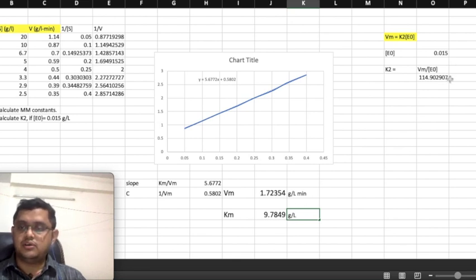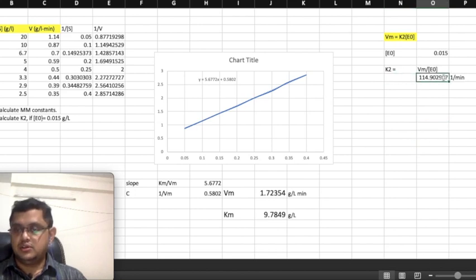What is the unit of K2? We need to calculate that based on the division. Vm unit is gram per liter minute, whereas E0 unit is gram per liter. So the K2 unit is 1 per minute, that is minute inverse.